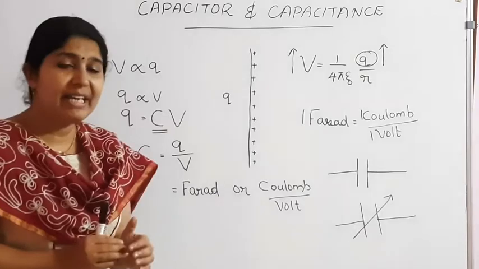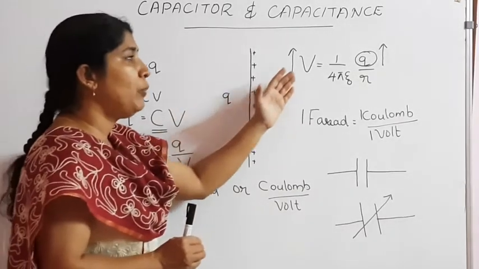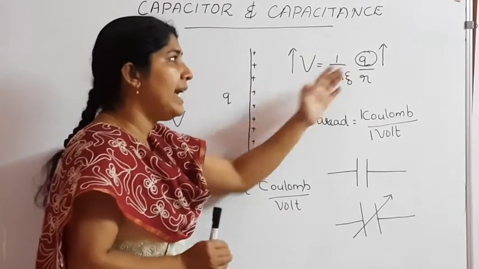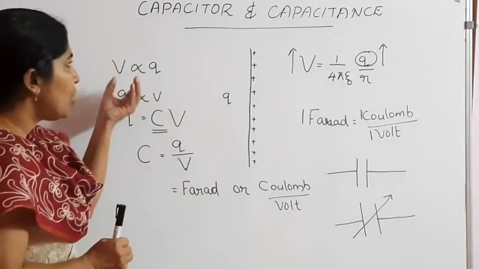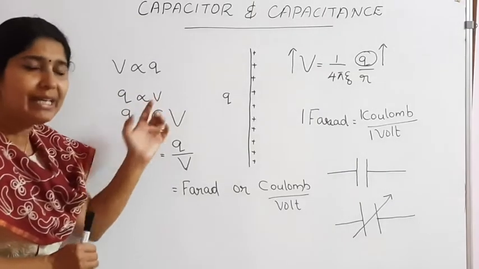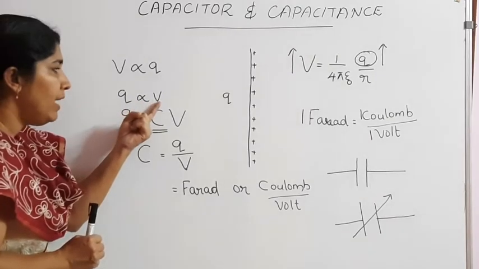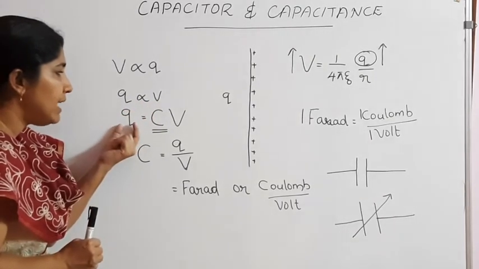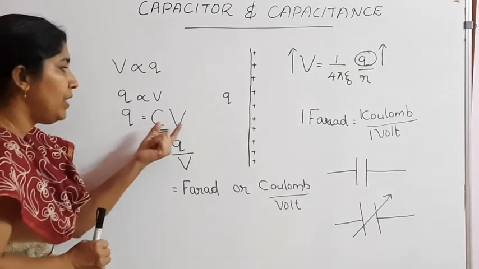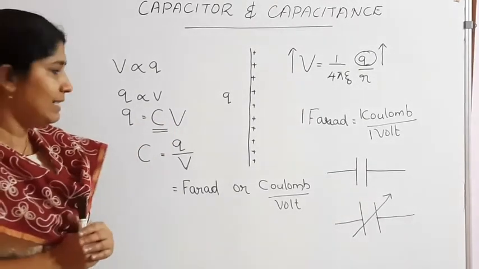Now we can give a summary of this topic: the relation between potential and charge. When the charge given to the conductor increases, its potential also increases. Therefore, Q is directly proportional to V. From that, we can write Q is equal to C into V, where C is known as the capacitance of the capacitor.